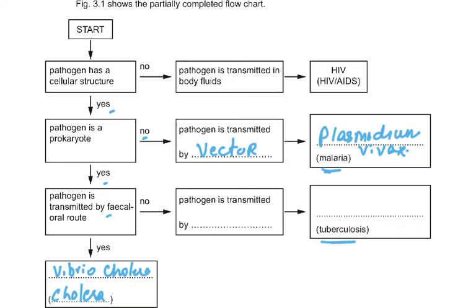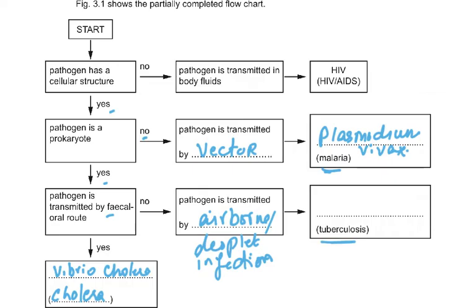Pathogen is transmitted by fecal oral route, we've done that. No. Pathogen is transmitted by airborne, or you could have said droplet infection. You could have said aerosol as well.